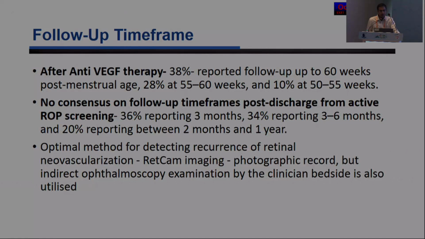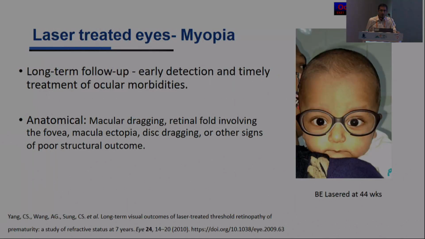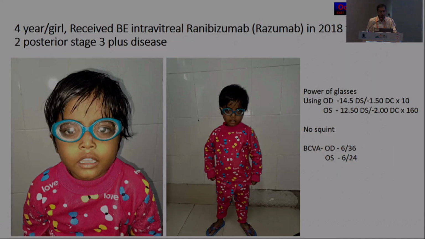With anti-VEGFs, the follow-up time frame is about 55 to 60 weeks, and there is no consensus on follow-up guidelines, but you can follow up these babies as long as 1 year, because recurrence has also been noted at 6 years in one of the cases. So long-term complications need to be taken care of. Myopia: this was a child who received ranibizumab and had about minus 12 diopters of refractive error.